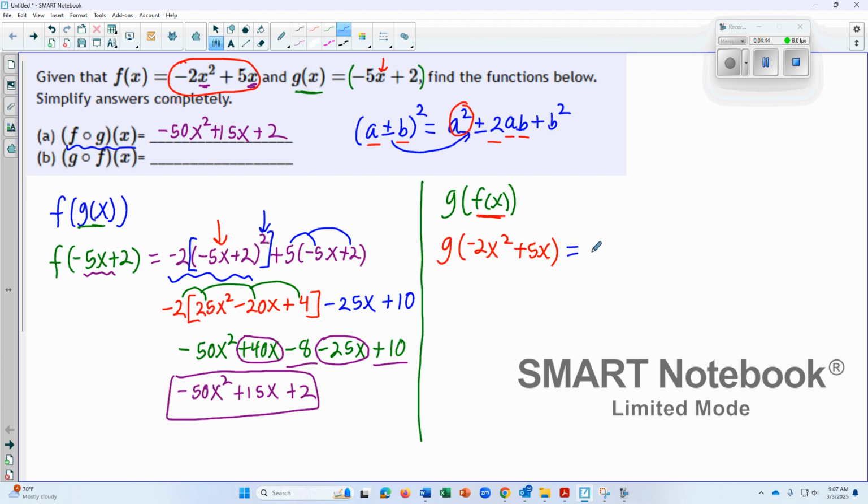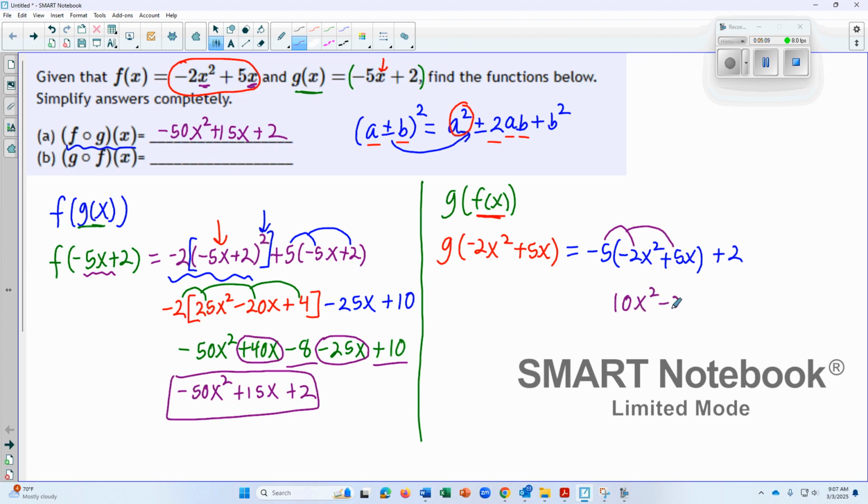So let's see, we're going to have that negative 5 and then times what we're substituting in, which is negative 2x squared plus 5x. And then don't forget about the plus 2 on the back end. And then what we'll do here is we need to distribute the negative 5. And so negative times negative, that'll be positive 10x squared.